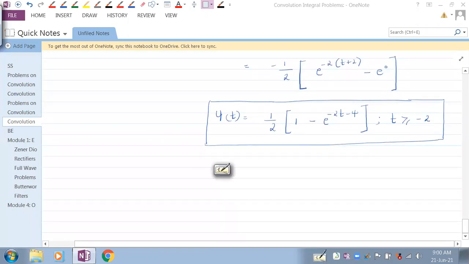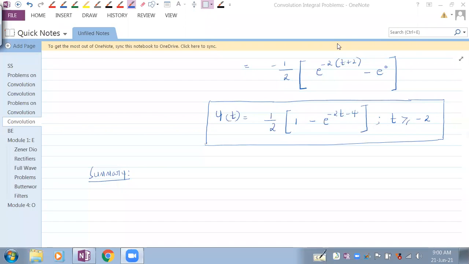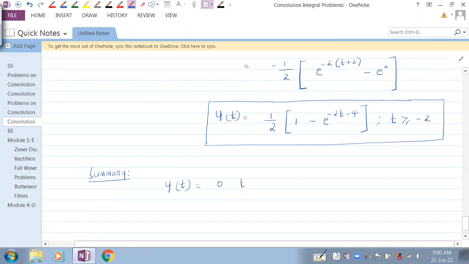Okay, so therefore let's summarize it. Summary of the result. Y of t is 0 for t less than minus 2, and it is half, 1 minus e power minus 2t minus 4, for t greater than or equal to minus 2.